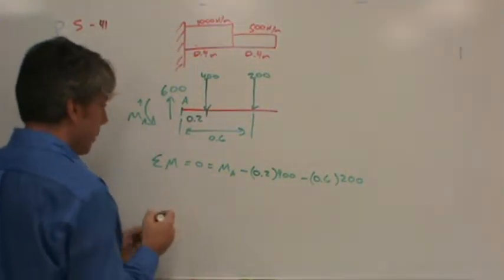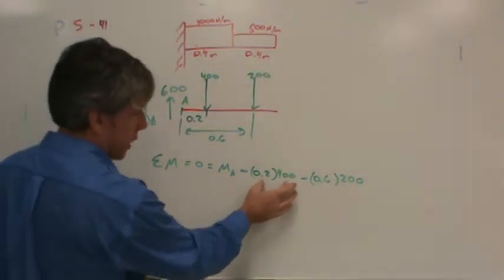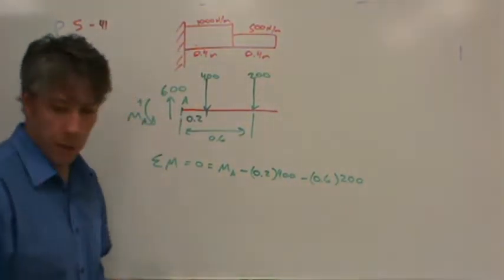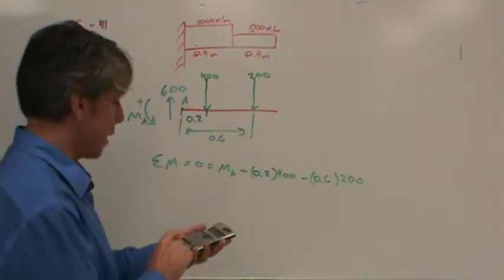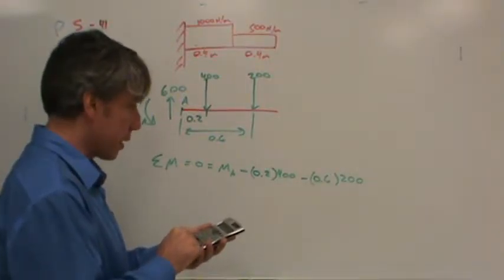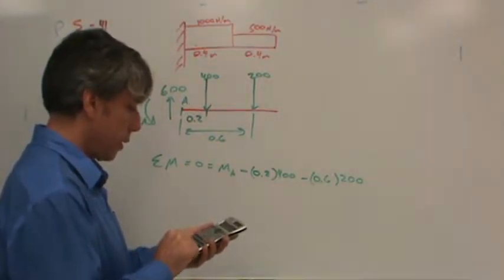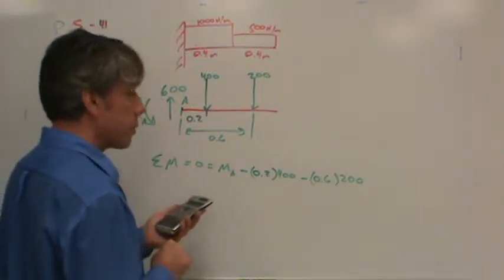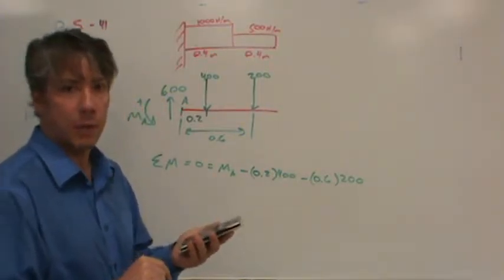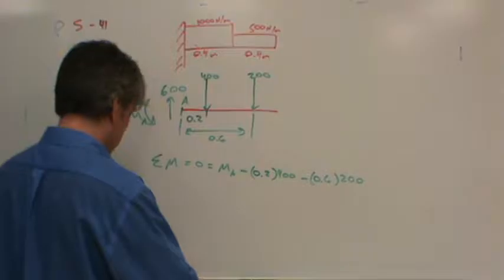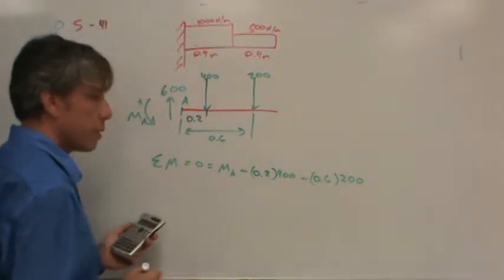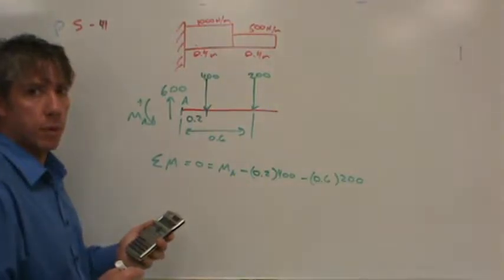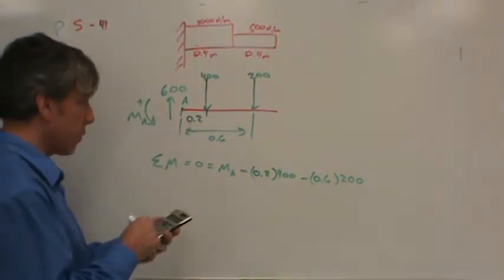Okay, so the moment at A is how much? Well, all we got to do is add these two up, and that's our answer. Sometimes when I do math in my head, I mess up, so I will rely on my calculator. And sometimes when I do math on my calculator, I mess up anyway. But according to what I've calculated here, it looks like it should be 200. Is that what you got also? 200 newton meters? I think I might have hit a wrong key.